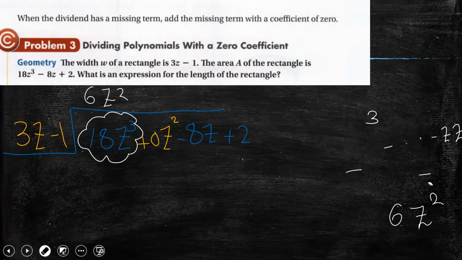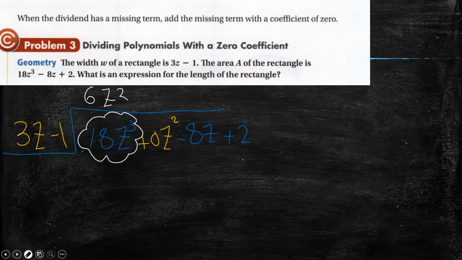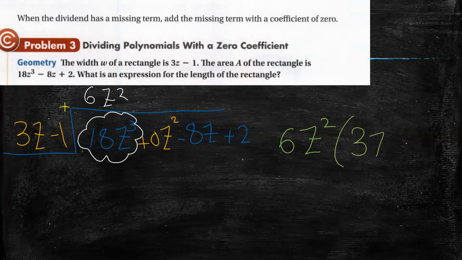Now, let's multiply by the whole divisor. Multiply 6z squared by the whole divisor, which is 3z minus 1.